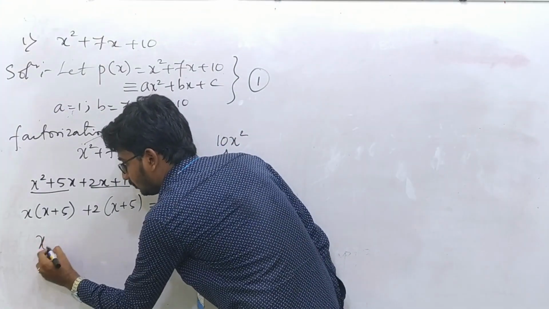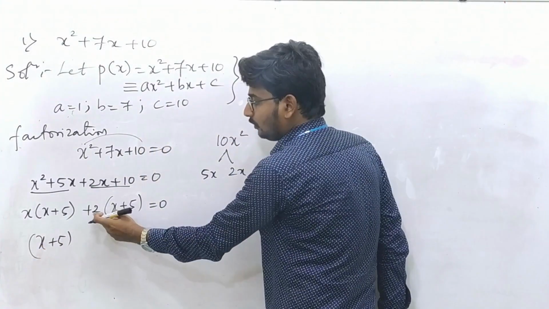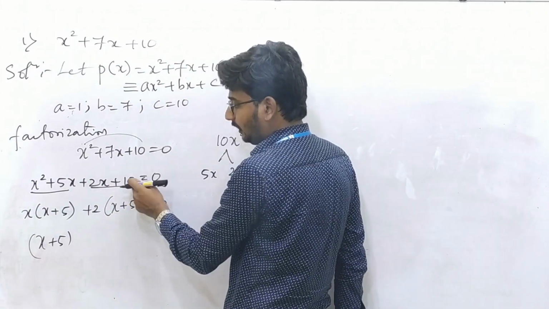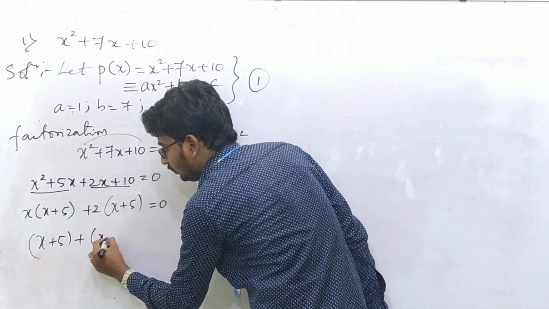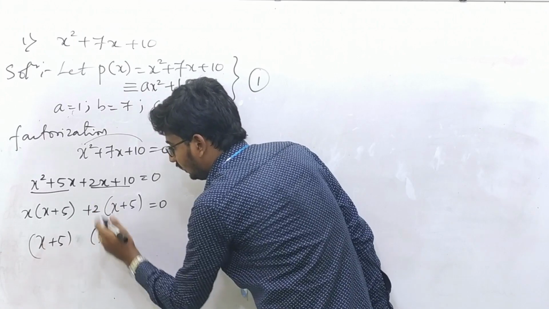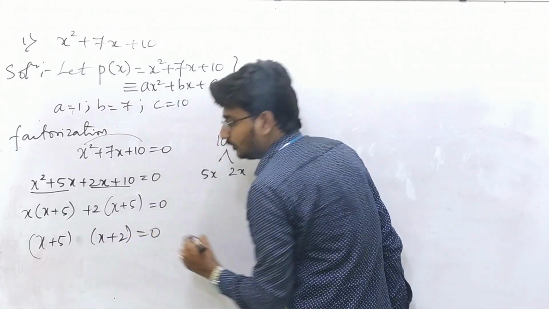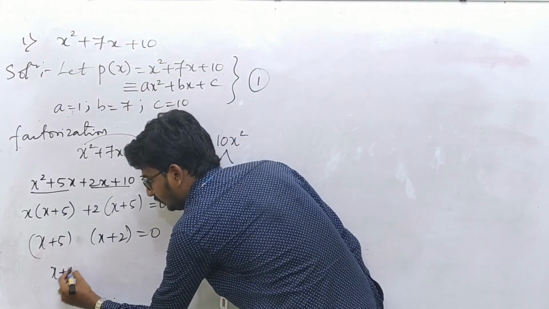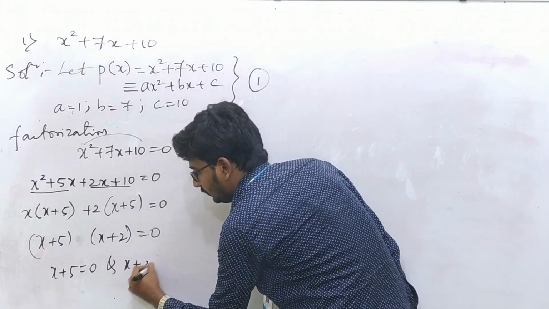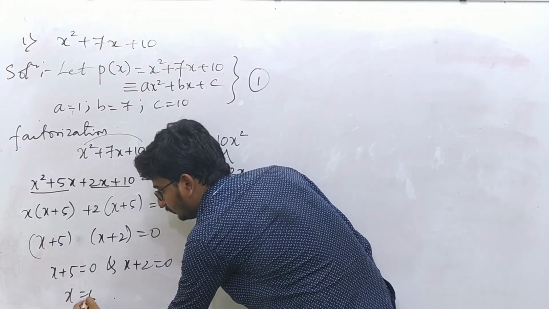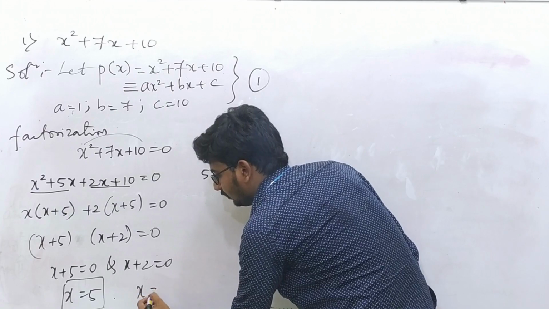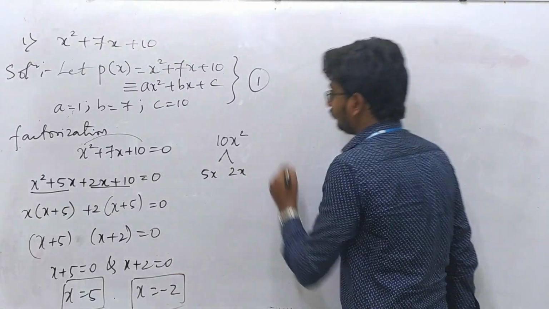In these two, x plus 5, why have I taken 2? 2 into x will be 2x, 2 into 5 will be 10. x plus 5 into x plus 2 is equal to 0. So x plus 5 will be equated to 0 and x plus 2 will be equated to 0. Value of x will be minus 5 and value of x will be minus 2.